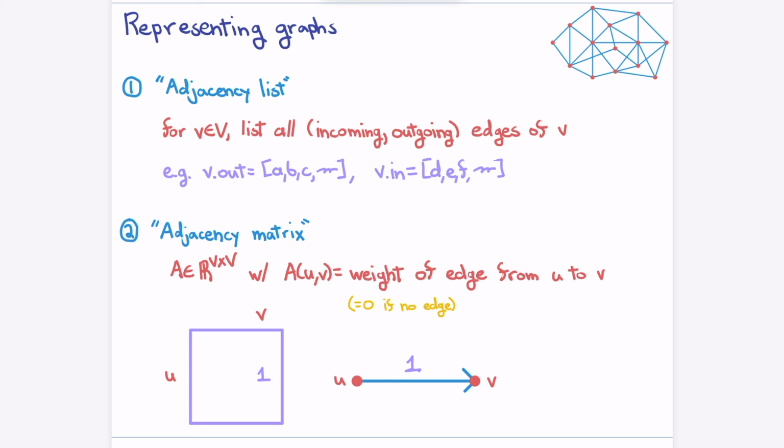So the con is, if the graph is sparse, it doesn't have that many edges, the n by n table you're allocating a lot of space for is going to be mostly zeros, which you could have kind of skipped. On the flip side, if you wanted to know whether there is an edge from A to B, you can just look it up in a table in one step.